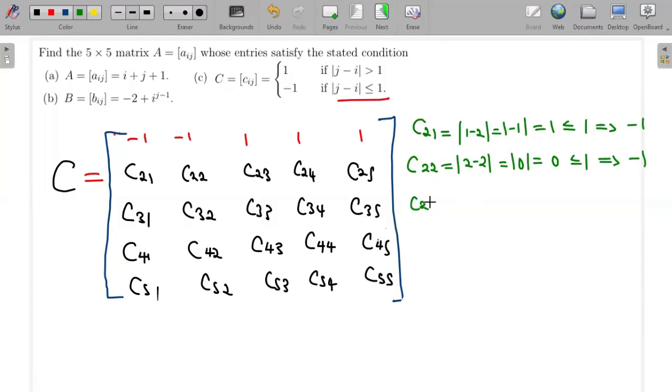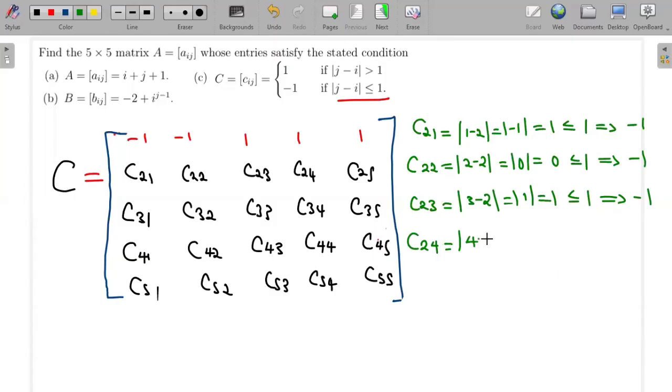C23 equals 3 minus 2, the modulus of 1, which is less than or equal to 1, so the answer there is minus 1 as well. What about C24?